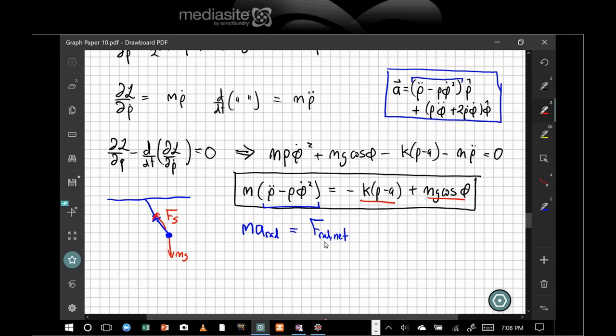I would have to express the two coupled second-order differential equations in terms of four coupled first-order differential equations. You can do that, and it's not that bad. So that's how you do it if you needed to solve it.